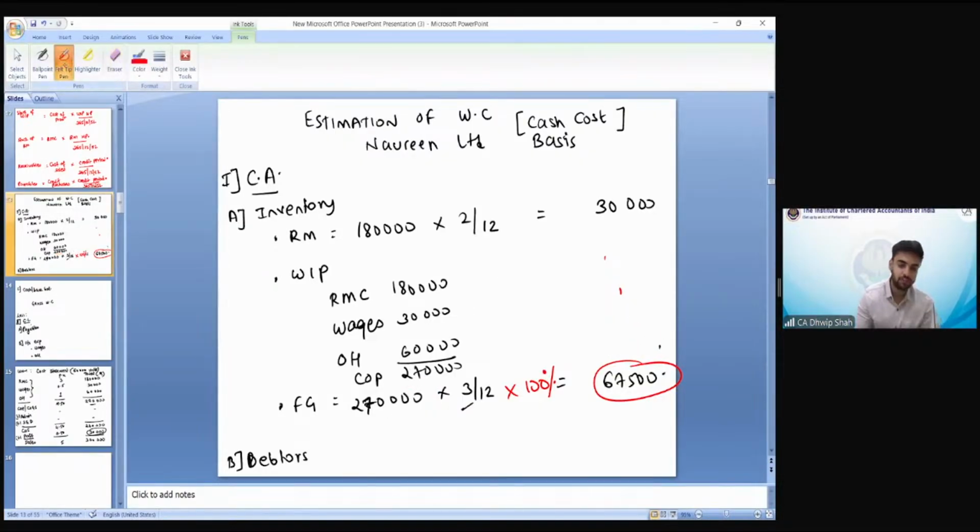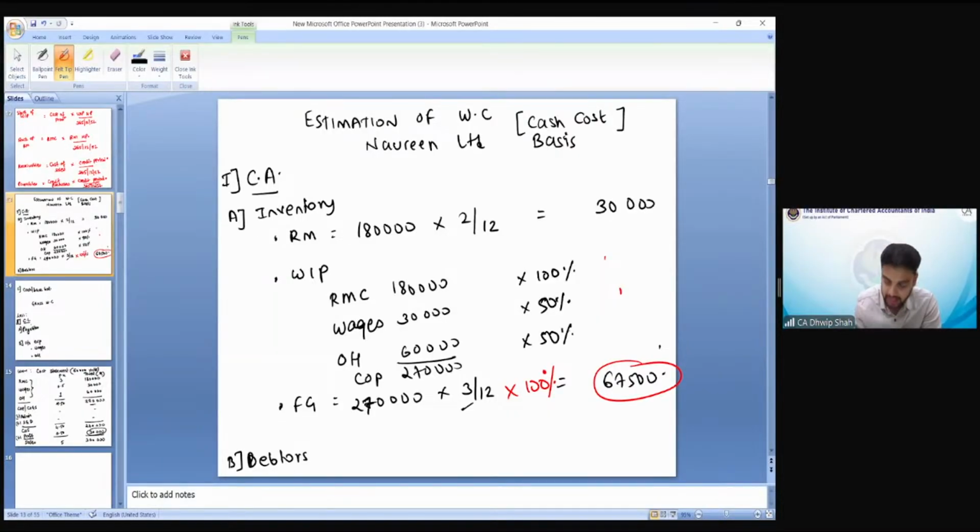So in absence of information for percentage completion, there is a standard assumption that raw material would be 100% complete. Means entire raw material is issued in the machine for process. Raw material सारे चले गए for process, but wages and overheads are only 50% complete.